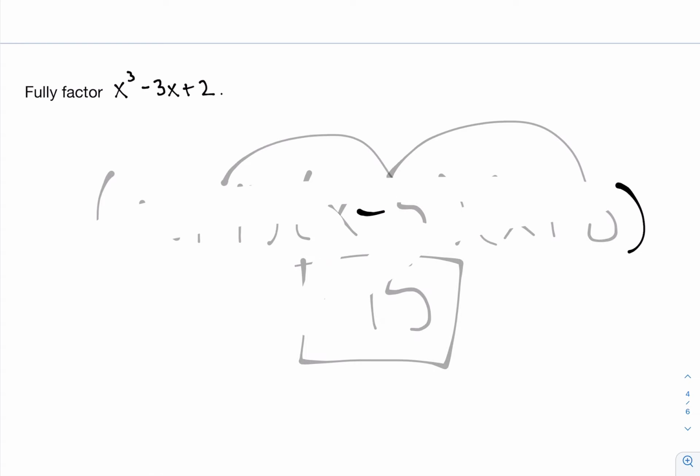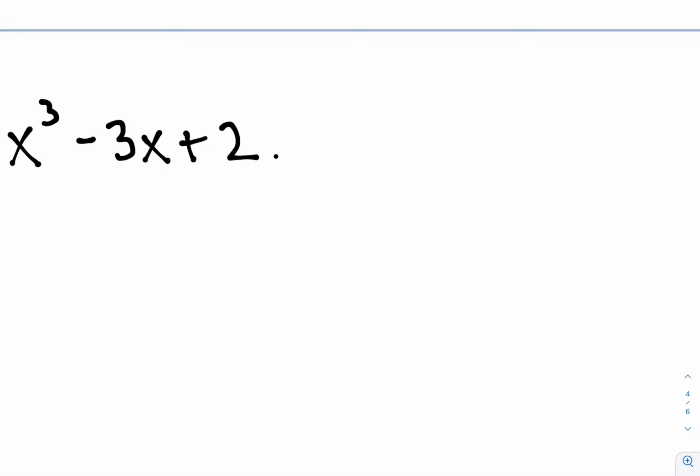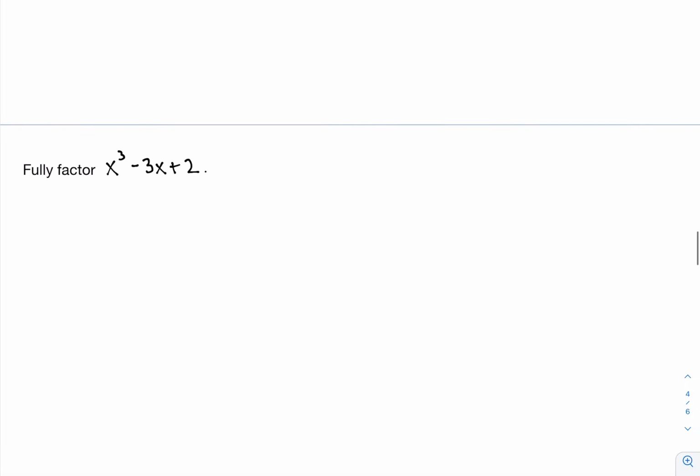But when we're trying to factor expressions like this, we have to look at this last number, this positive 2, and think, okay, which numbers multiply to positive 2? Okay, so if we have our number positive 2, we can split that up into 2 and 1, right? And we can split that up into negative 2 and negative 1. Okay, so it can be plus or minus 1, plus or minus 2 as our factor.